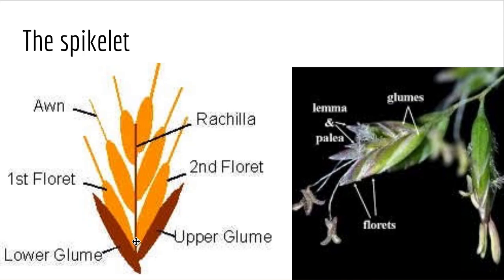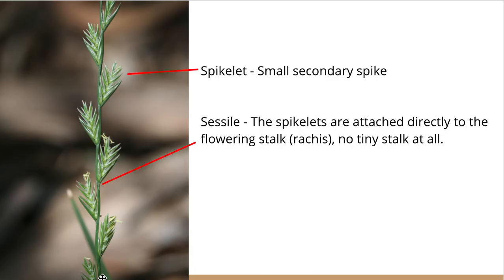And then inside the lower glume you have the first floret and the second floret, and so on. Again, this is slightly different naming. You've got the rachilla, which is the central axis of the spikelet, whereas the rachis is the central axis of the flower head or inflorescence.